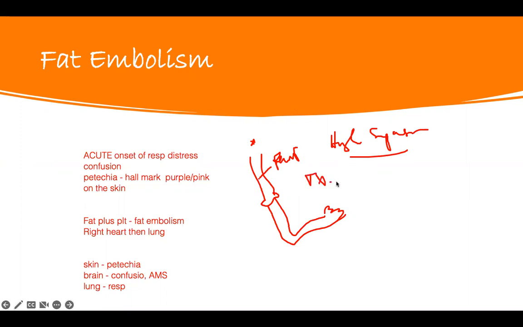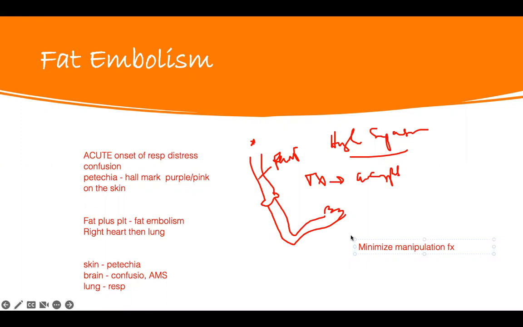Treatment is usually supportive, so you support their airway. You cannot go and take the fat out, but you can prevent it. How can you prevent it? Well, number one thing you should do is minimize manipulation of the fracture.